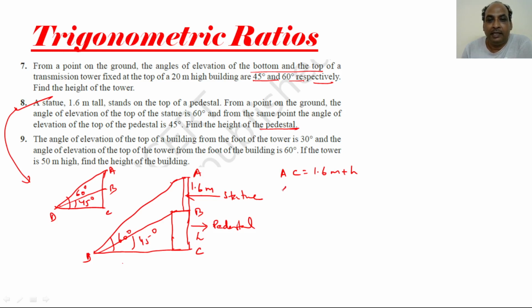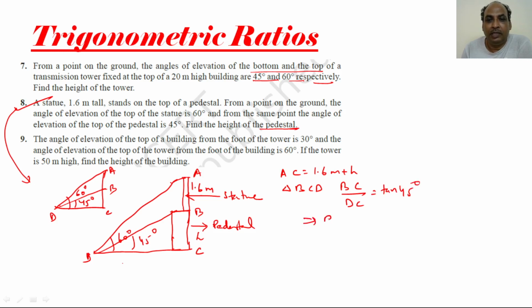We will take triangle BCD, and in this, because we do not have the pedestal, DC will not be found immediately, right? We will utilize it, no problem. So in triangle BCD, BC by DC is equal to tan 45 degree.